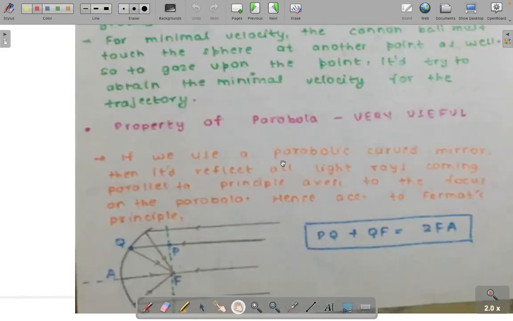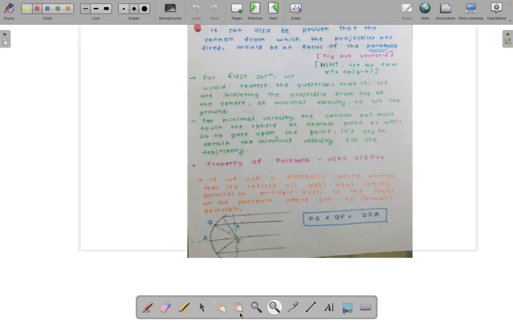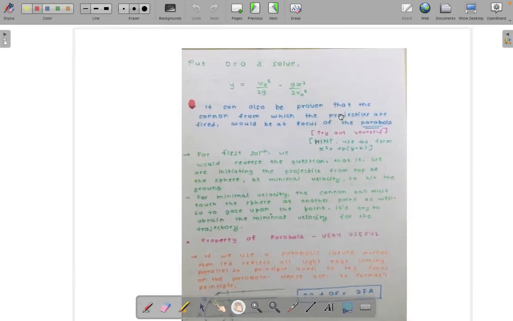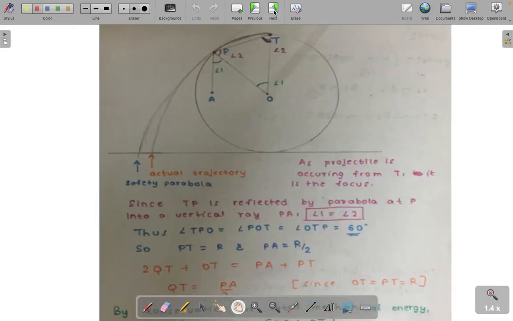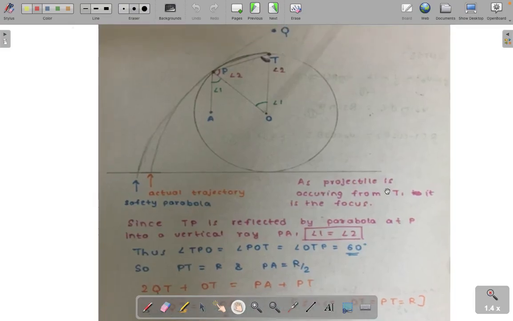As I have mentioned earlier, if it is proven that the cannon of the trajectory must be at the focus of the safety parabola, so this T should be the focus of the safety parabola.